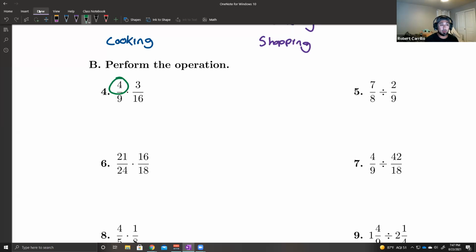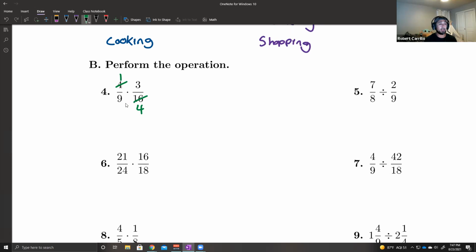We see 4 and we see 16. The greatest common factor between those is 4. If I divide a 4 out from 4, I get 1. If I divide a 4 from 16, we get 4.